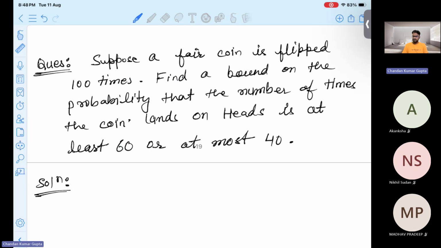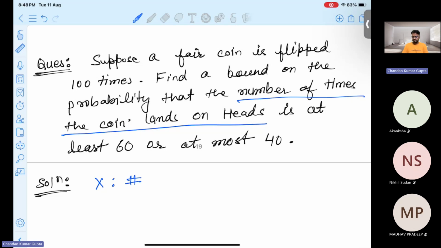Here the random variable X is the number of heads in 100 tosses. So obviously, the number of heads comes from 0, 1, 2 to 100 only.